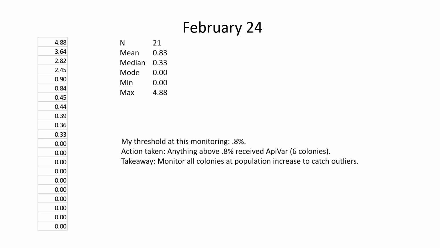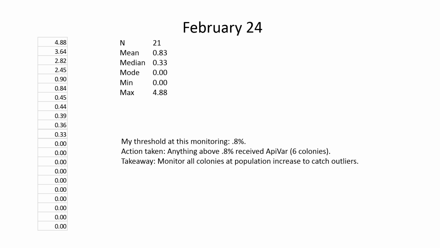And I look back at my February monitoring and say, what would have happened if I had not caught that colony that was at 5% in February until September? That would have been a really ticking time bomb, I think, for my apiary and for other apiaries in the neighborhood. So it was important to catch that.